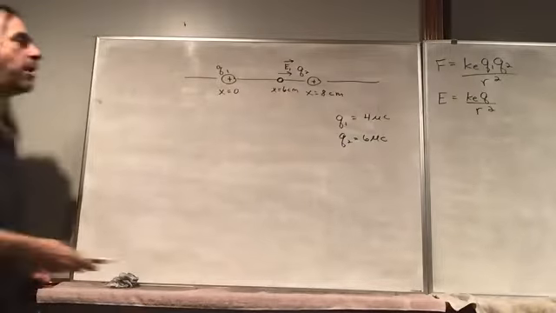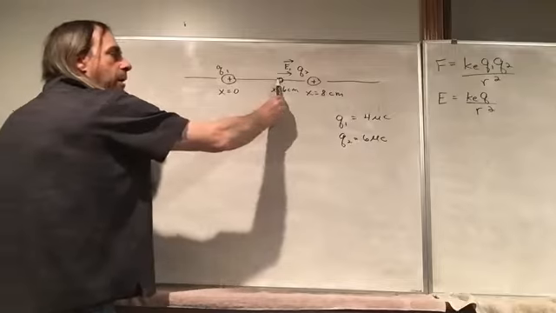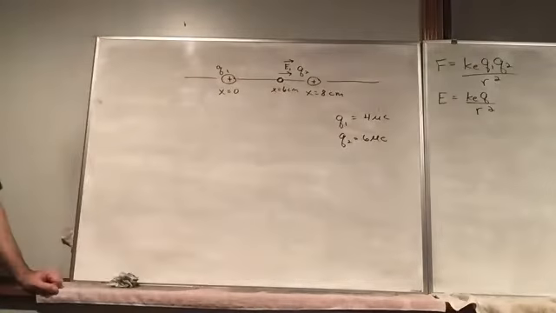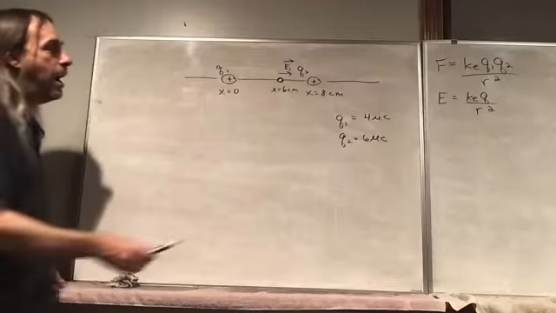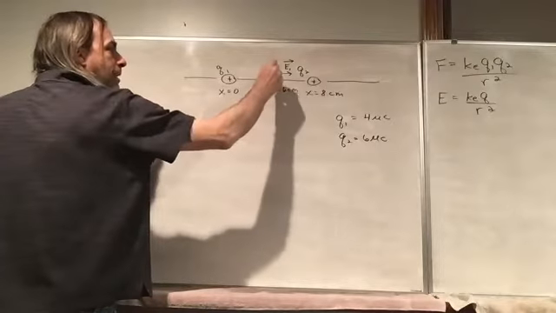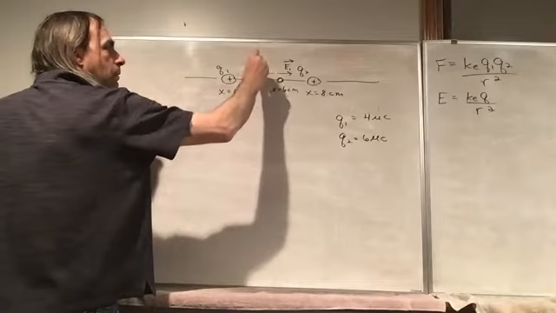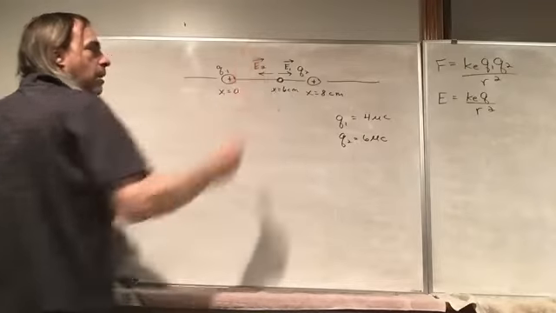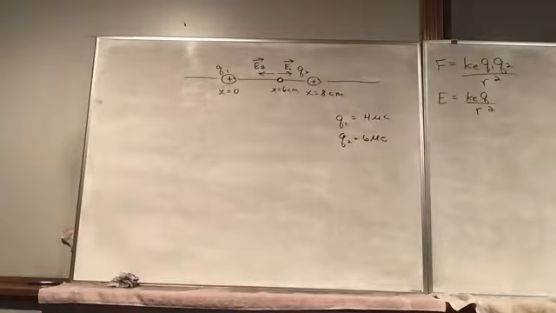So you can think of it, if you're at the point where you want to know the electric field, move away from positive charges and move towards negative charges. Now, E2, again, we move away from charge 2 because it's positive. So E2 would point to the left.